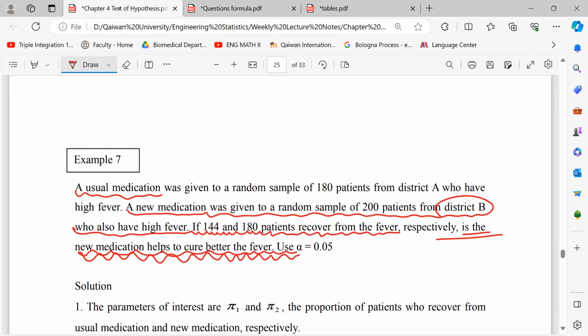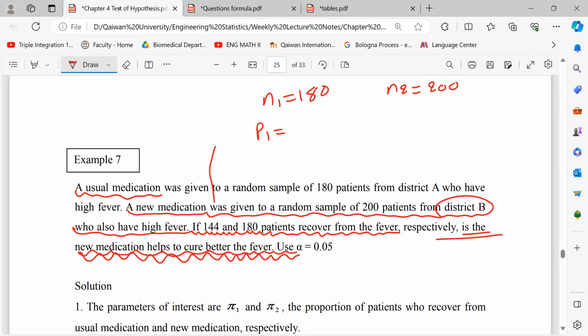Now we have sample size of 180 in District A. So n1 is 180 and n2 is 200. Then what are P1 and P2, or pi1 and pi2? P1 is the rate of getting better from fever by using the usual medication.